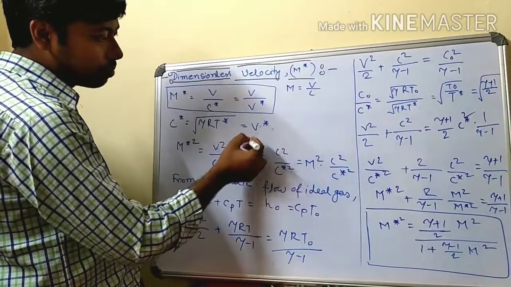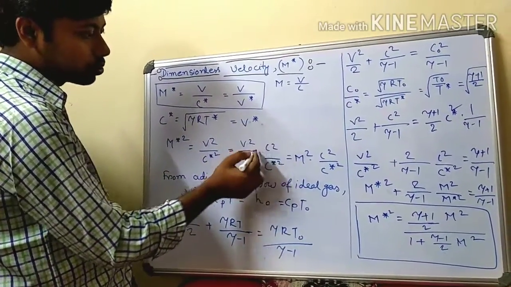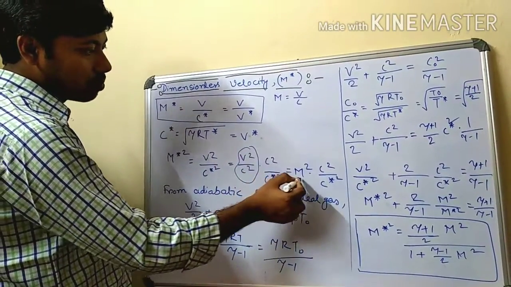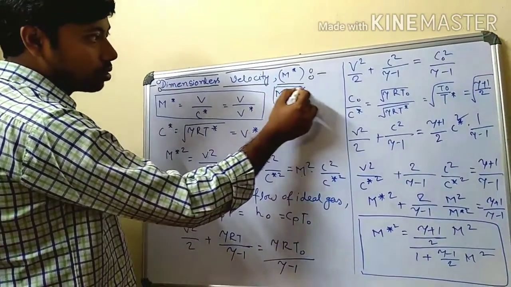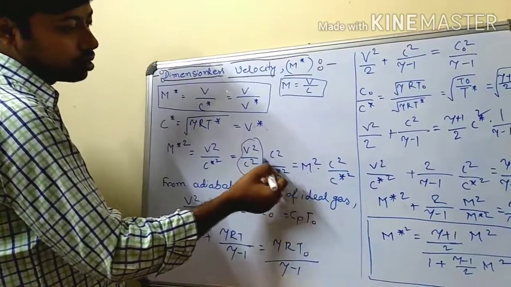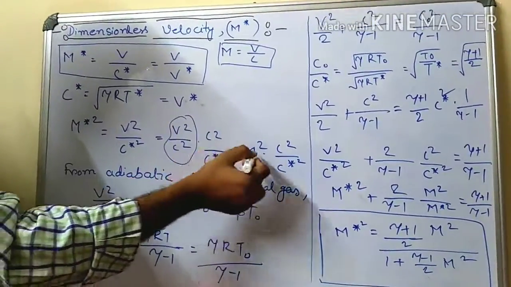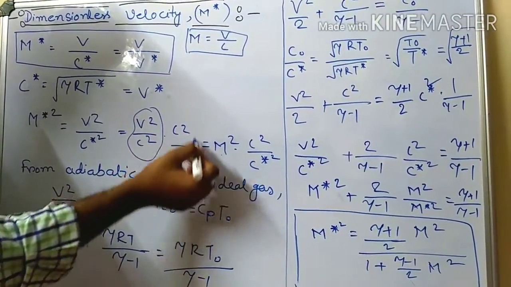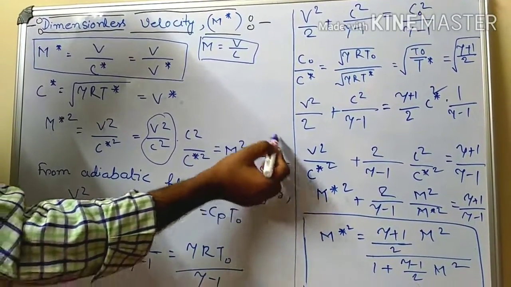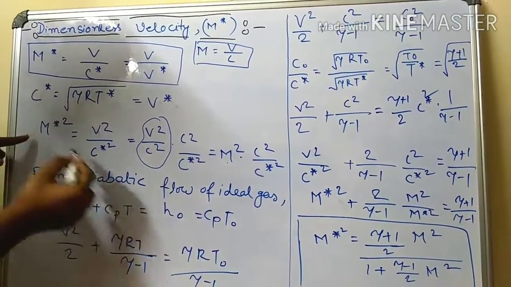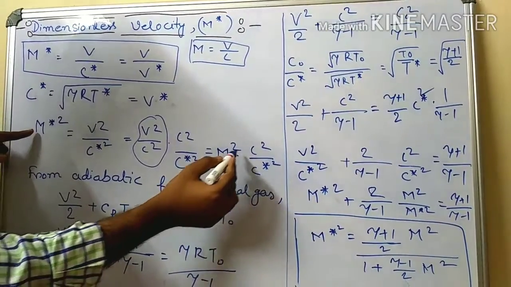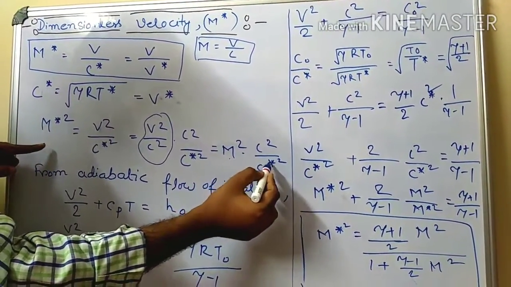Now, as you know that V by C is your Mach number, so in terms of V by C, that will be M square here. The remaining portion is C square divided by C star square. So M star square can be written as M square into C square divided by C star square.